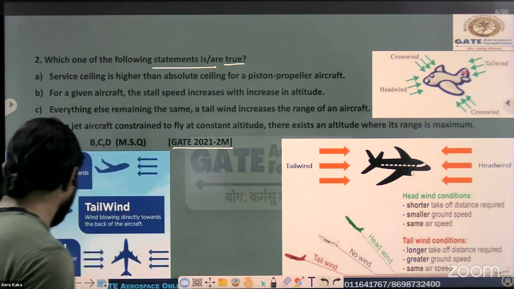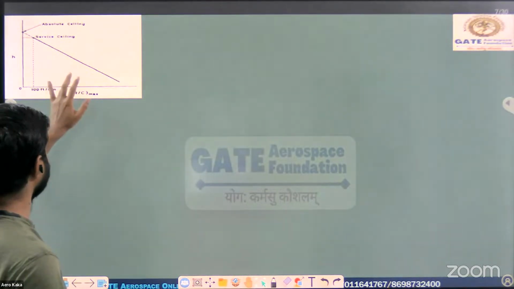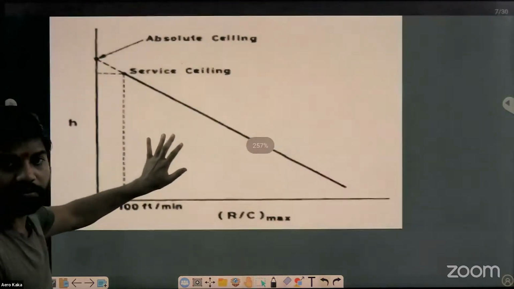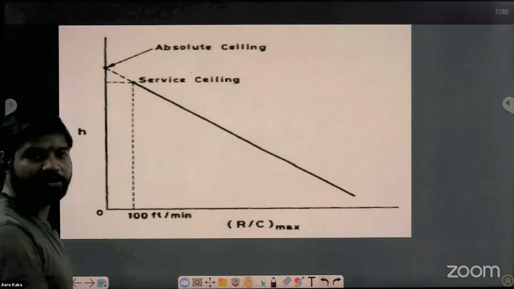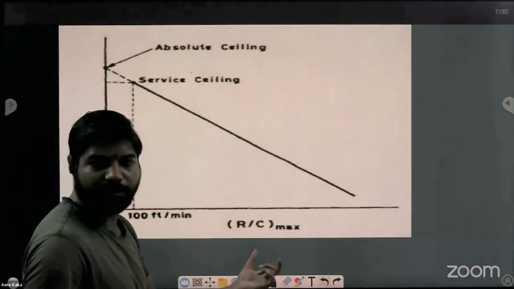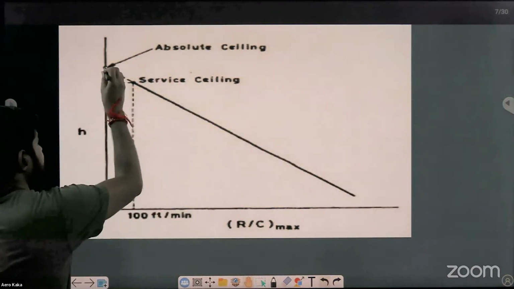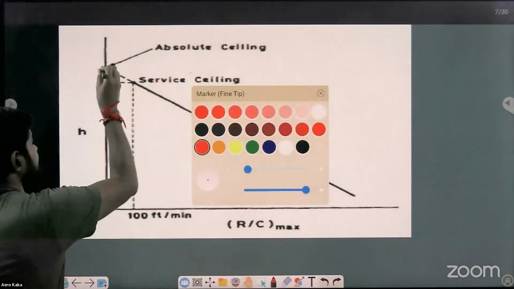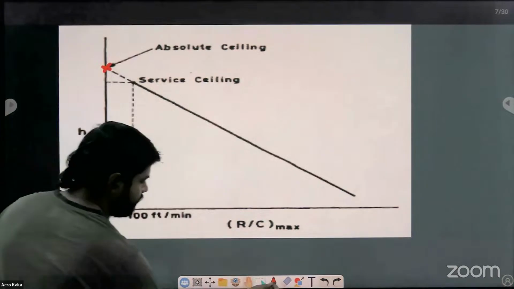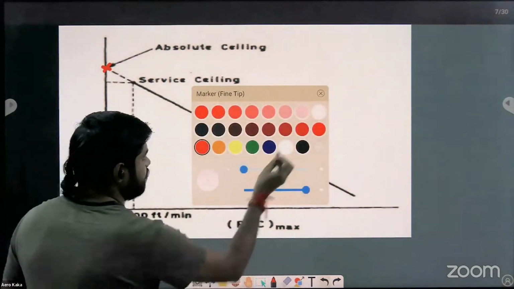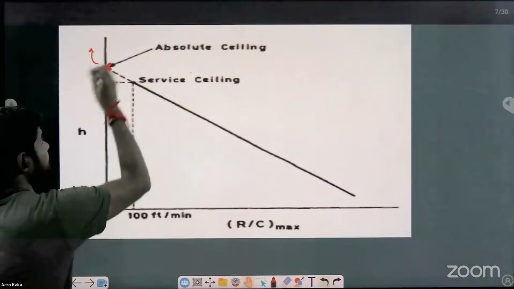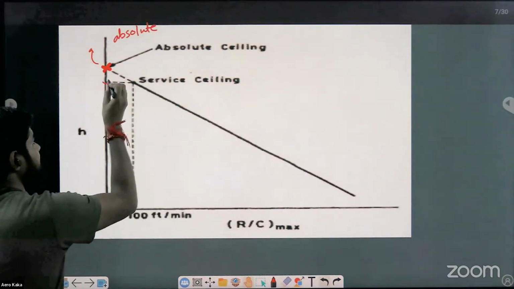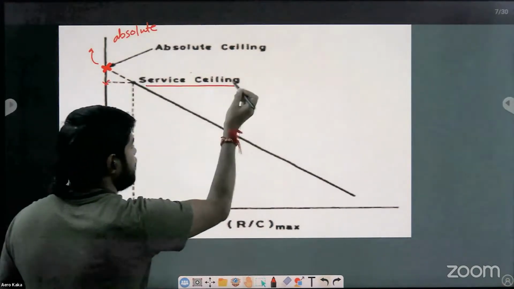Or even if you want to check the diagram, it is something like this. Can you refer to this one? This is the absolute ceiling, and the service ceiling. Here the rate of climb is given, right? And this altitude is what you can say is the absolute ceiling, and this is the service ceiling here, right?